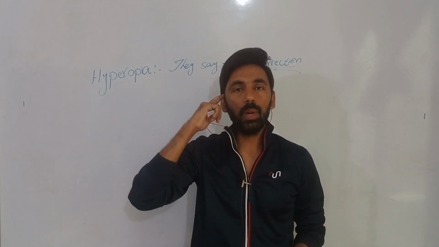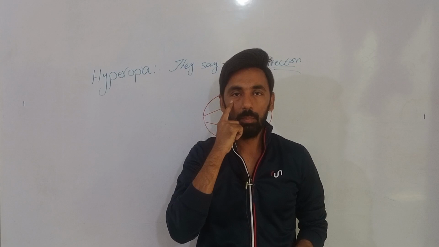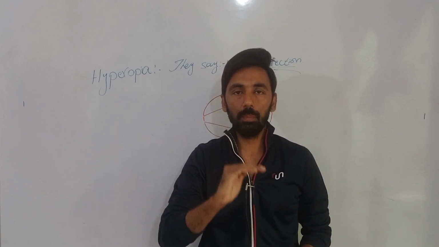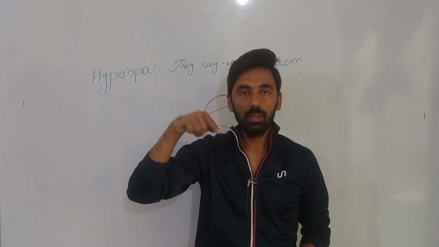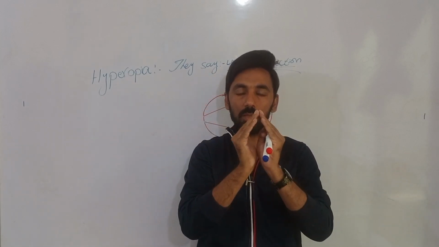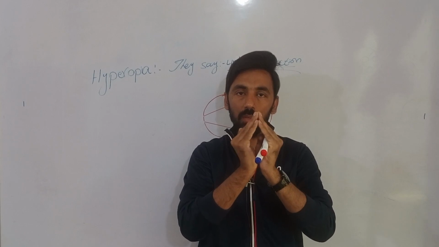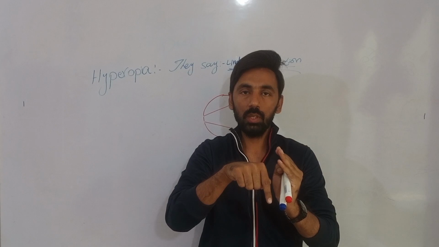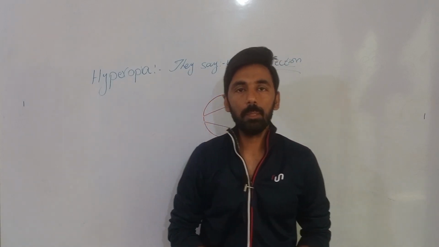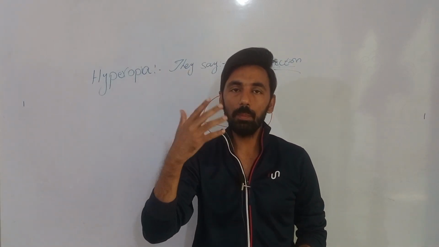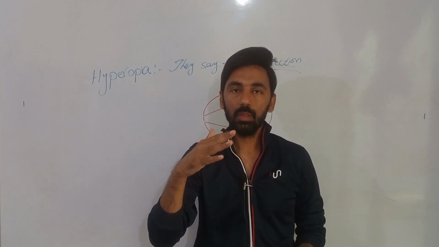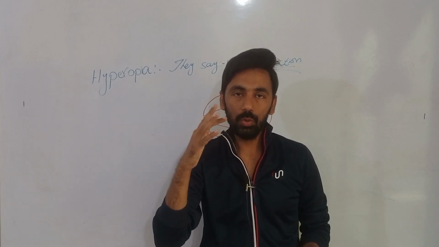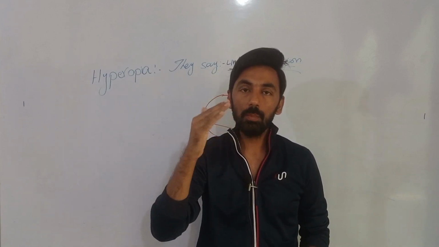And when the brain knows that my beloved eye is facing deficiency of plus power, the brain sends signals to accommodate. So the lens properly accommodates to increase the power, to compensate the plus power which is deficient in the eyeball, right? So now the brain is habitual, the eye is habitual to increase the plus power.